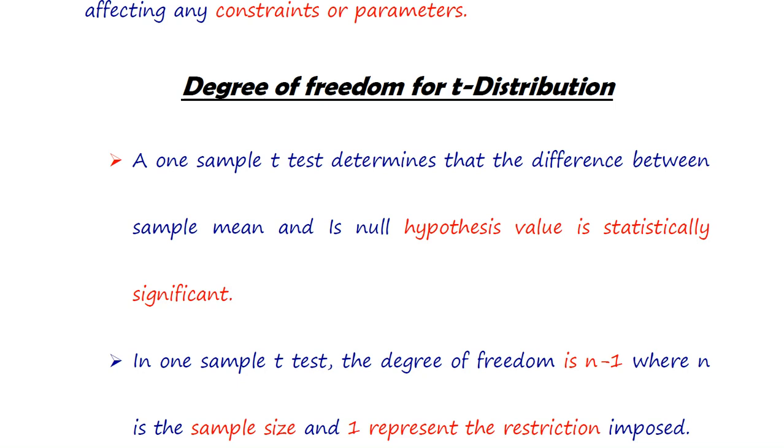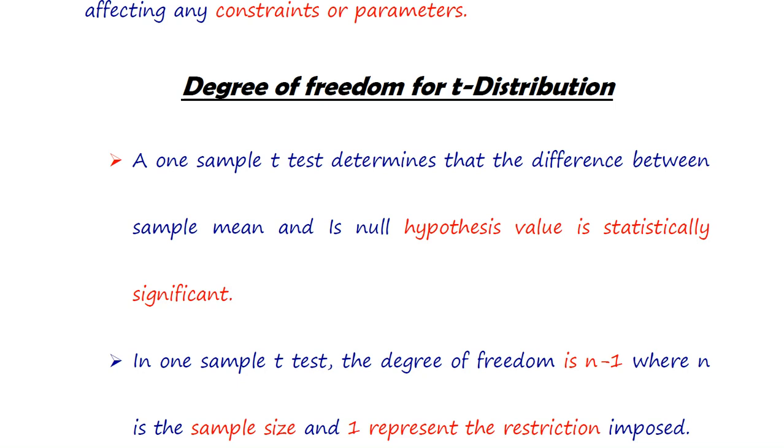And in a one sample t test, the degree of freedom is n minus 1. This is the formula of degree of freedom for a one sample t test. N represents the sample size and 1 indicates the number of restrictions or parameters to be estimated.